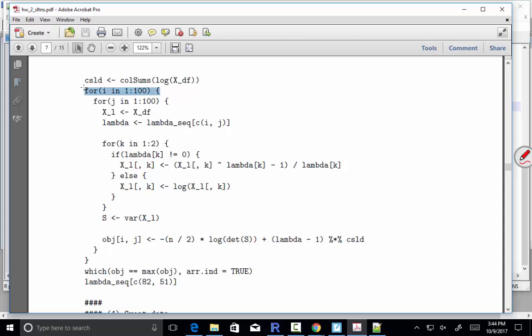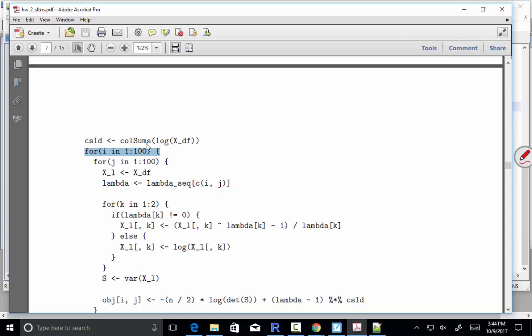Let's simultaneously transform all p variables so that they look as close to multivariate normal as possible. In our case, with 2 variables, I'm going to range over all the possible values for the first lambda, and then within that, range over all the 100 possible values for the second lambda. And then consider each one of the unique pairs.